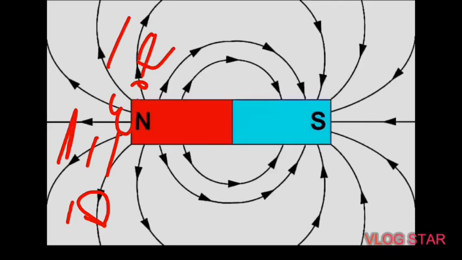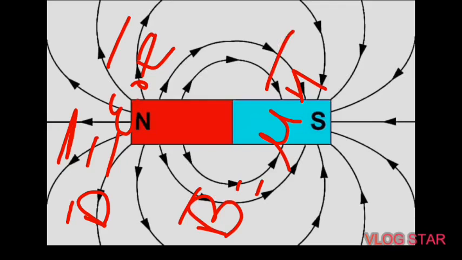This is for the electric field, and if you want to calculate the relation between magnetic field intensity and magnetic flux density, then we can write B bar equals mu into H bar. In case of electric field, epsilon 0 is there, and in terms of magnetic field, mu is there.